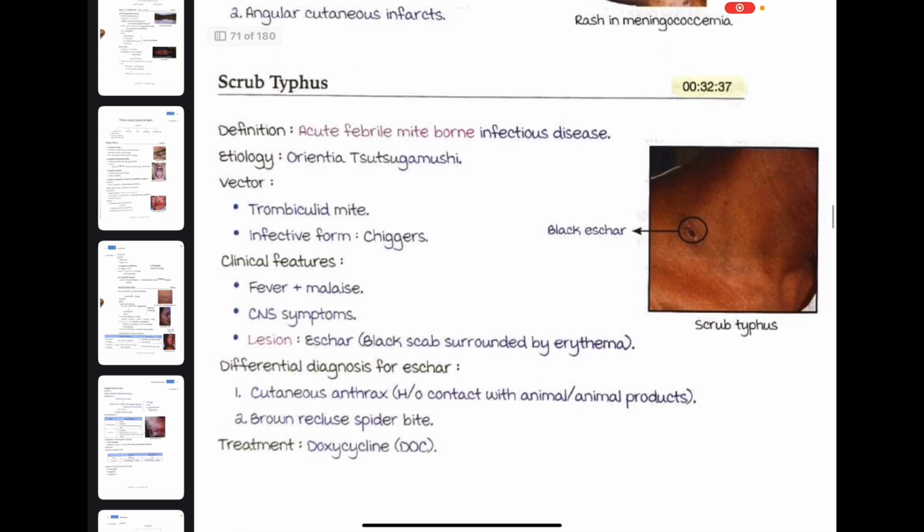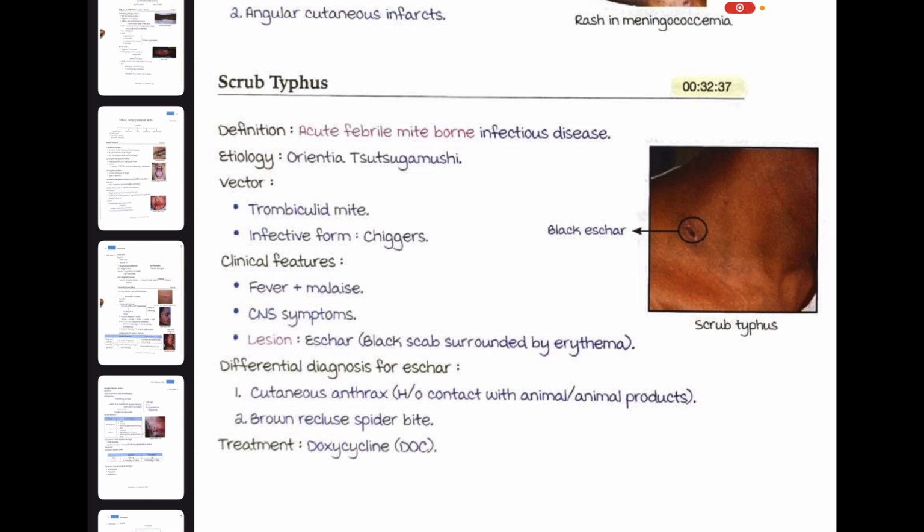Scrub typhus. Definition: acute febrile mite-borne infectious disease. Etiology: Orientia tsutsugamushi. Black eschar. Vector: trombiculid mite.